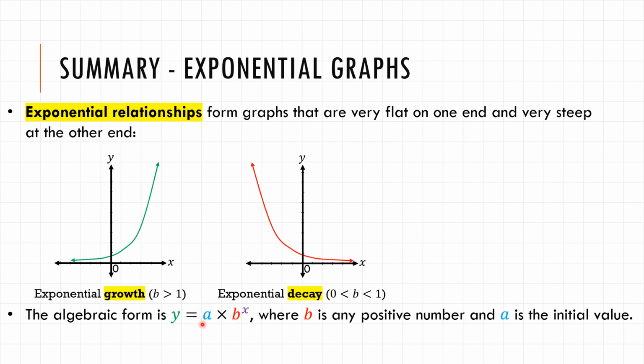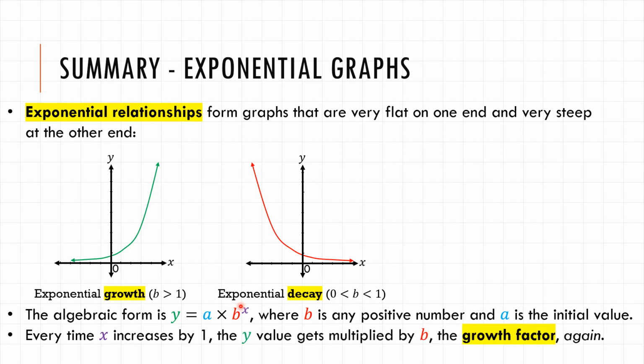The a value is the initial value. That is the number that you start with. And then once you start with that, then you start multiplying. Every time you increase this x number up here, so if this is the x-axis, every time you move to the right, or every time x increases by 1, remember, what does that do? What is an exponent telling you to do?